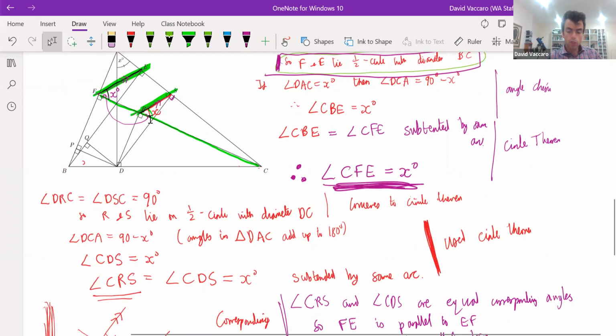Okay, so it's just the normal result about corresponding angles, but in reverse.